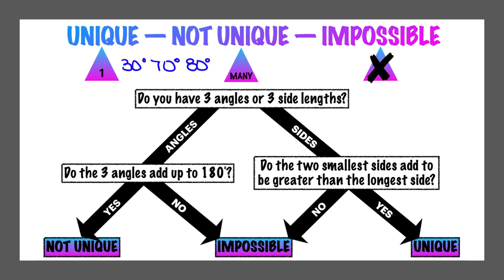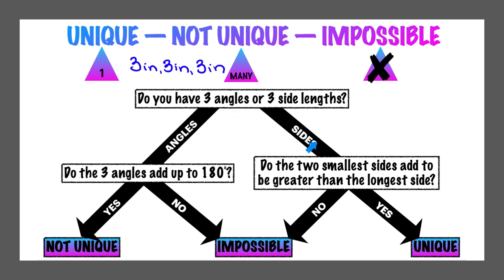Kind of see how the pathway of thinking occurs on these? Okay. I go to number 3, and number 3 is listed as 3-inch, 3-inch, and 3-inch. So first question, are they angles or sides?